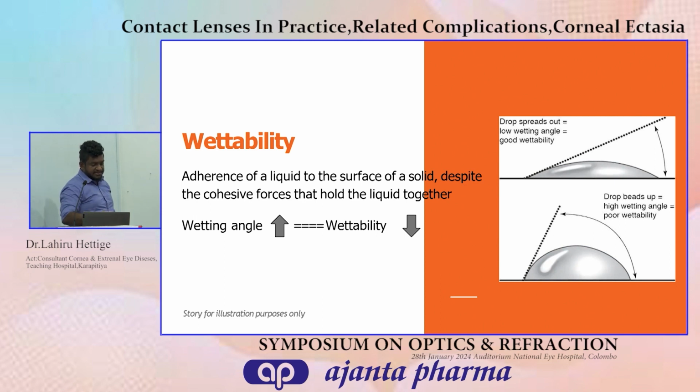When the wetting angle is high, wettability is low. Like a water drop on a lotus leaf, the water droplet sits on the leaf creating a bigger angle. So the wetting angle is high, which in turn means wettability is low. Just bear that in mind.